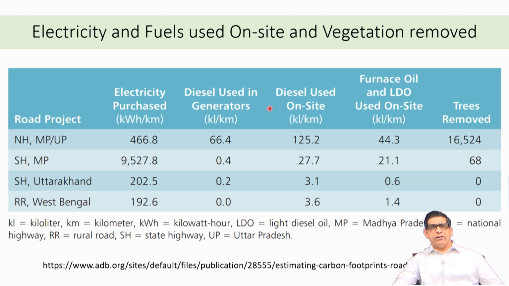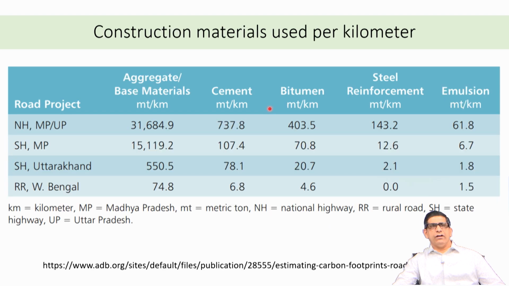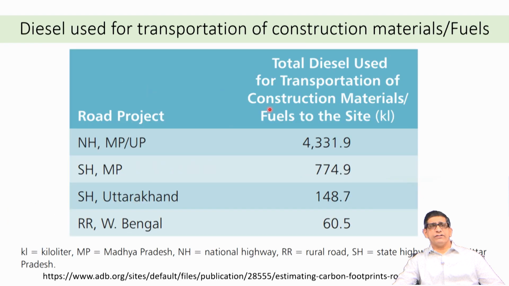As you can see, there is a variety of data based on the site location and the site conditions. Then your construction material: how much aggregate, cement, bitumen, steel reinforcement, emulsions are being used, in metric tons per kilometer, because all of them will have a carbon footprint associated with them.